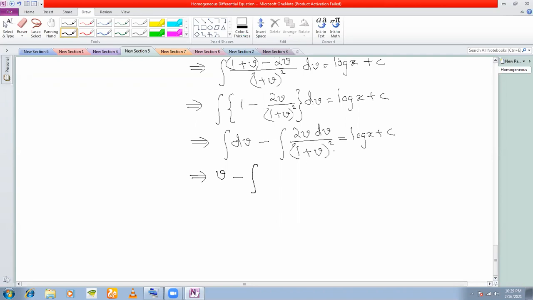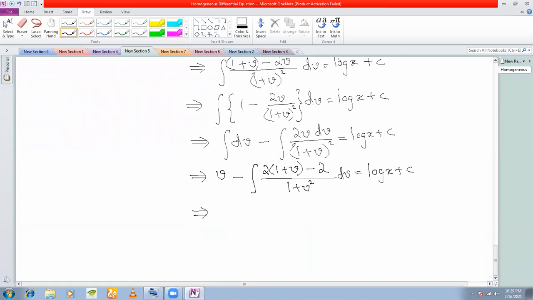If you differentiate the denominator, what will you get? You will get twice of (1 + v), right? So you write this as 2(1 + v). But what do we have in the numerator? We have only 2v, right? So we subtracted 2 from here. (1 + v)² dv is equal to log x + c.